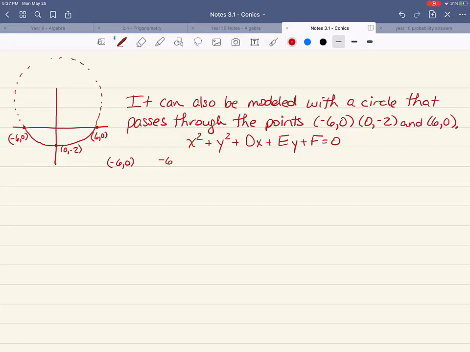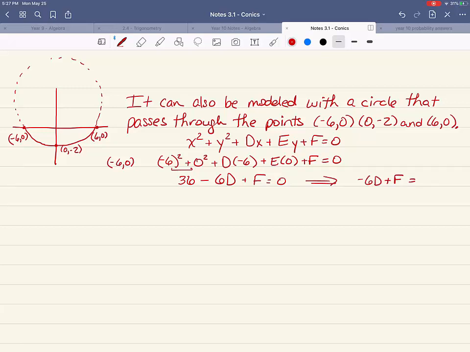So that would be -6 squared plus 0 squared plus d times -6 plus e times 0 plus f equals 0. I need to clean this up. These two together make 36 minus 6d plus f equals 0. Bring this over. -6d plus f equals -36. There's my first equation.